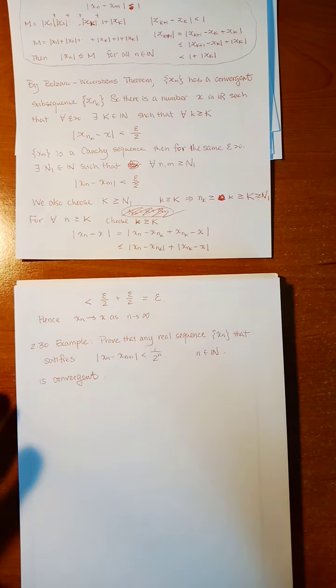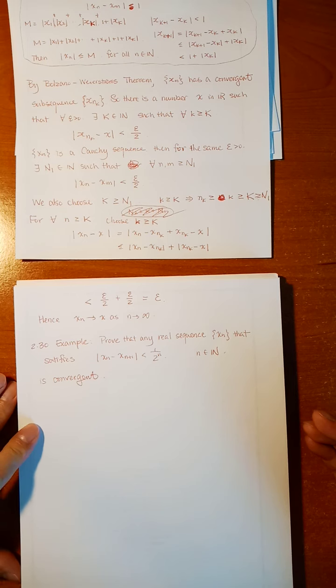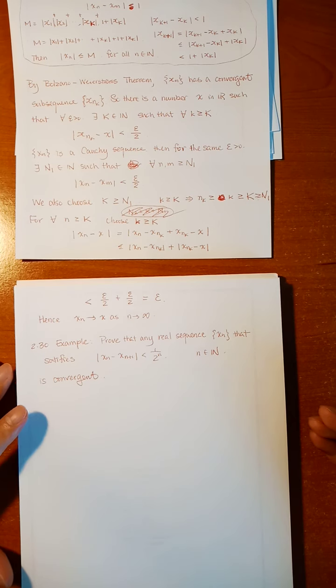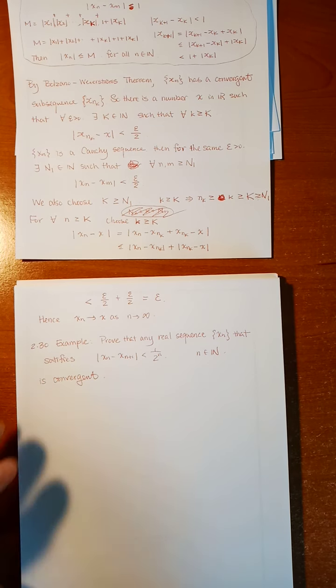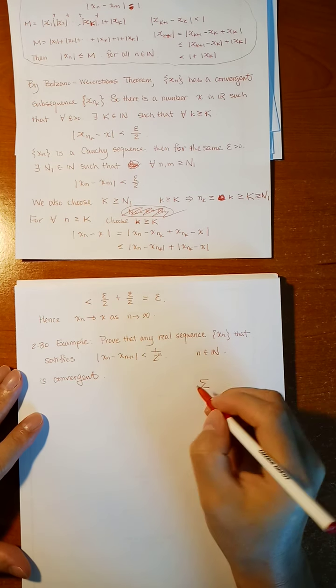You see, you even have no formula, just a condition. If there's no formula, you don't find the limit at the beginning. Okay, so here we need a known result.